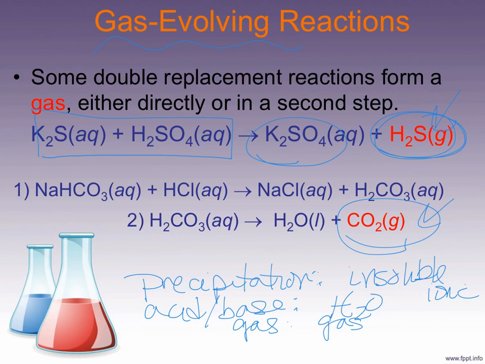Well, if you do a double replacement reaction and you end up with 2 soluble ionic compounds, so you don't make water, you don't make a gas, you don't make a precipitate, you really have no reaction. Because if everything is soluble, reactants and products, really all you have are a whole bunch of cations and anions floating around and nothing combining to make anything new.